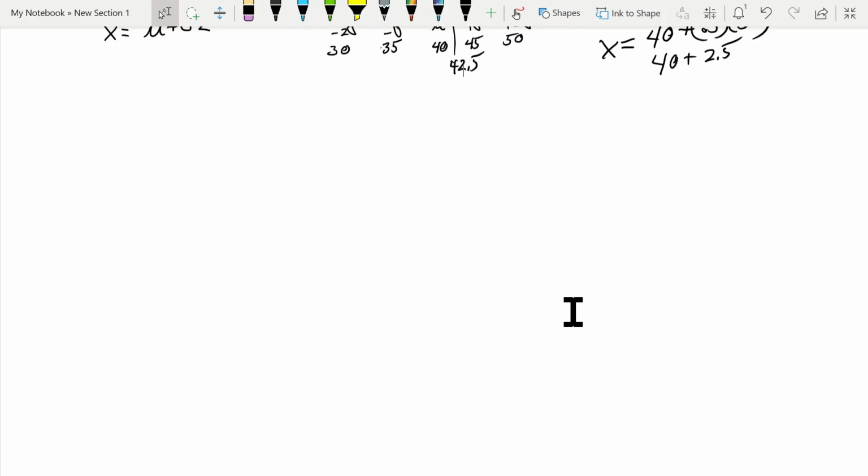Number 5, the average SAT score in 2023 for the District of Columbia was 977 with standard deviation 249.